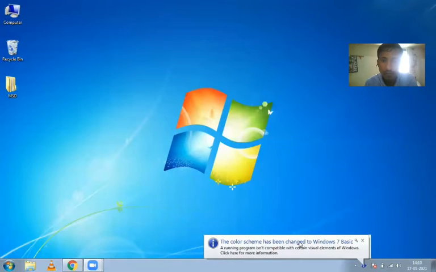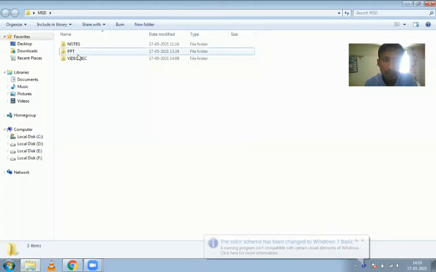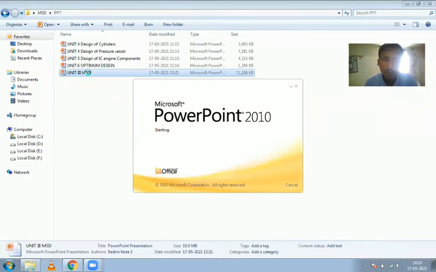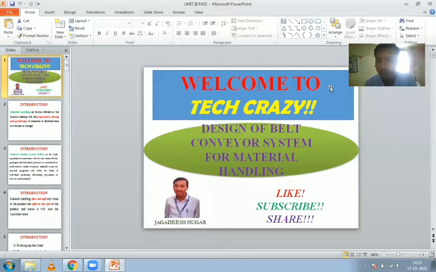So unit number 3 is design of belt conveyor. So this is unit number 3.